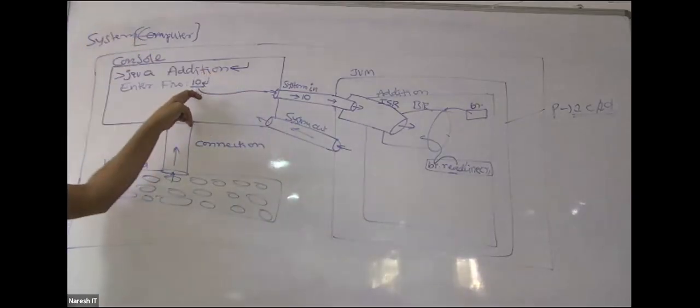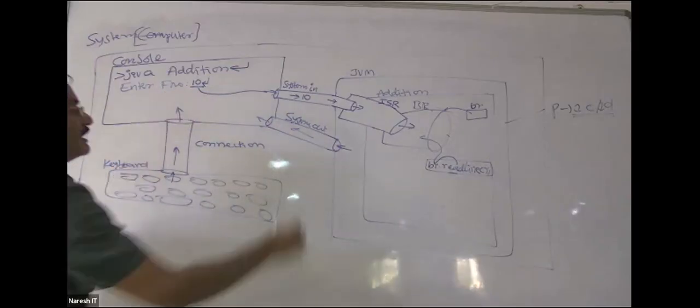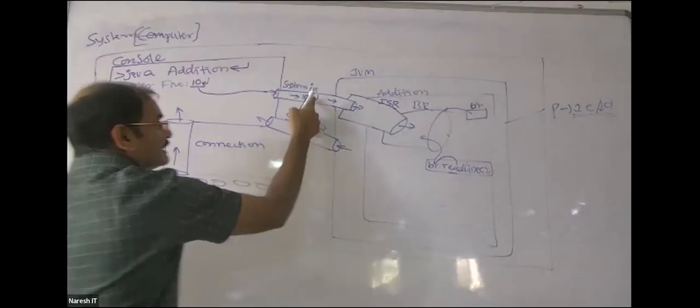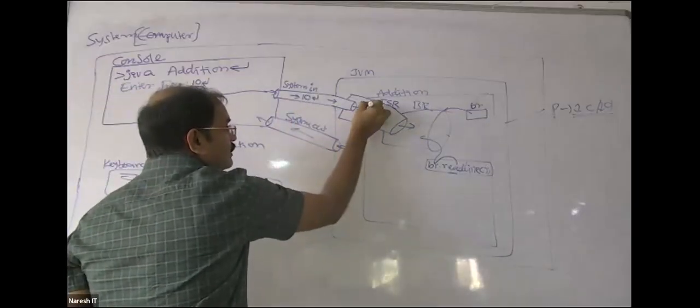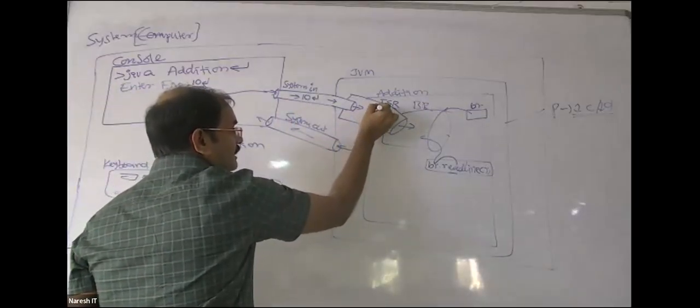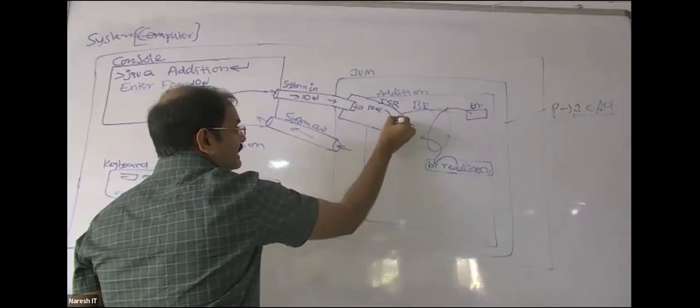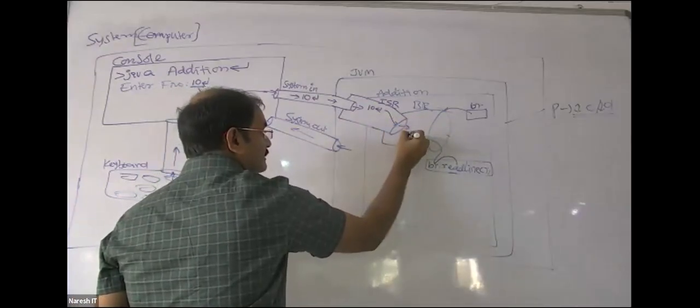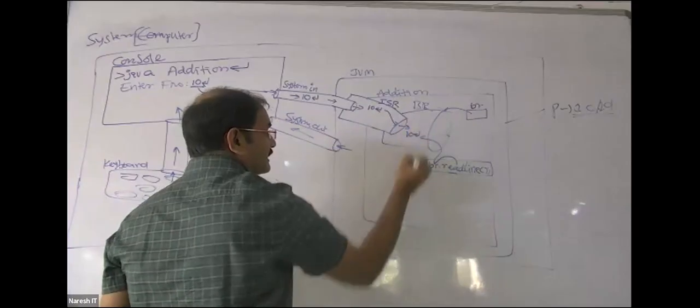What did you type? Only 10 and the enter character. Then it drops into the ISR, only 10 and the enter key character. Then from there the data drops into the BR object, only 10 and the enter character.